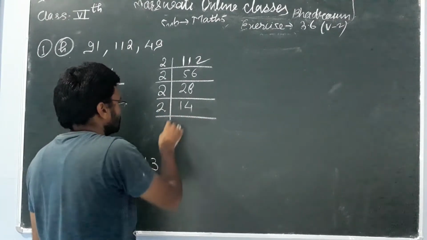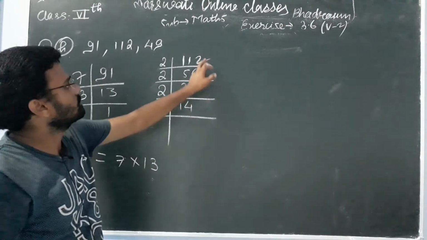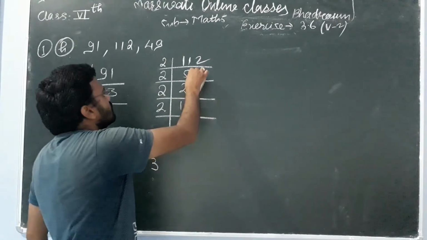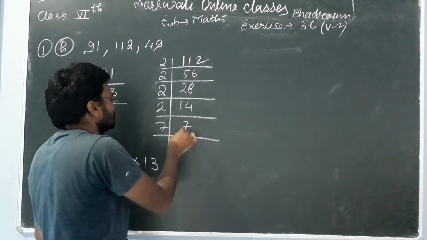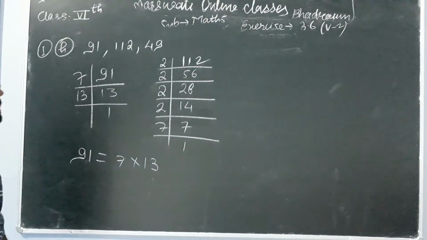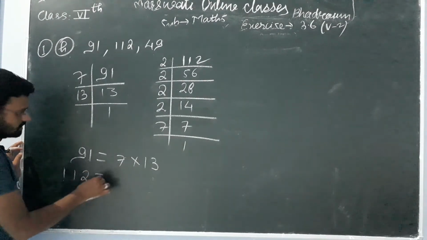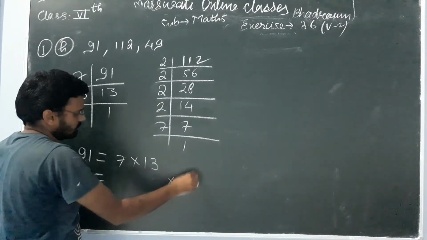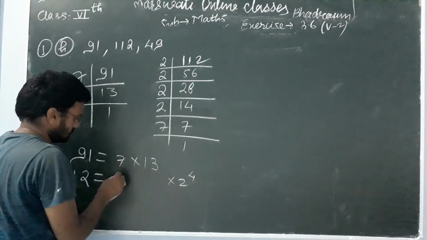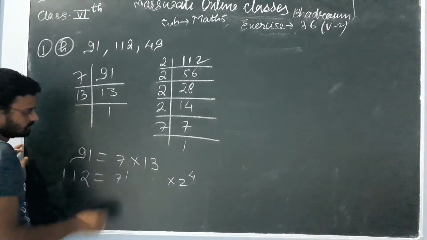So we are continuously dividing it by 2 because our unit place digit is like this only. Okay, so 2 7s are 14, 7 1s are 7. Okay, now our factors are 2 to the power 4 and 7 to the power 1.